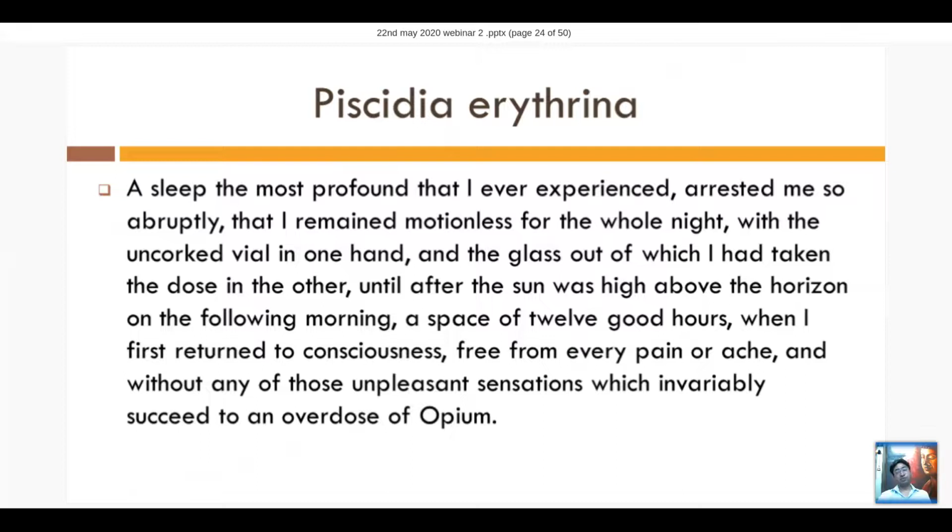So this much profound sleep is there in this remedy, without any of those unpleasant sensations which invariably succeed an overdose of opium, and free from every pain and ache, no symptom, totally deep sleep. So we should be very, very clear whether we need a polychrest or a small remedy in a case, and that depends upon the totality we get.